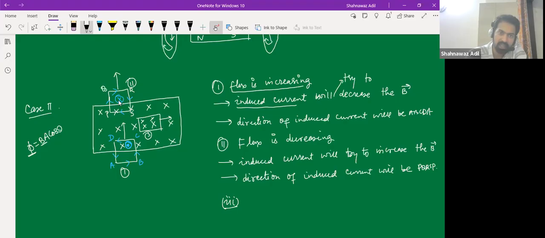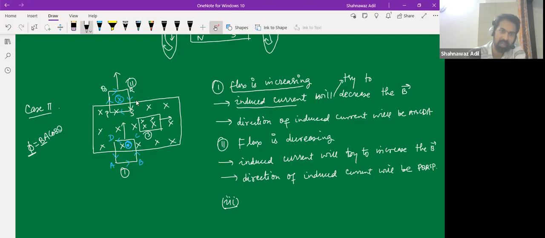But let's say it is coming out. Here the magnetic field was something and then it has come out to this point, so it has decreased. The number of field lines crossing through this area is decreasing. But inside, the same number of magnetic field lines are crossing, right?